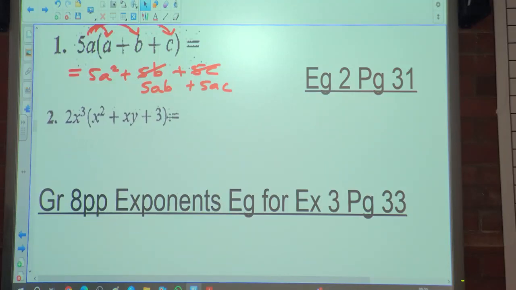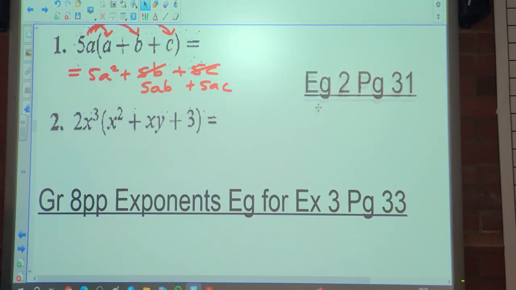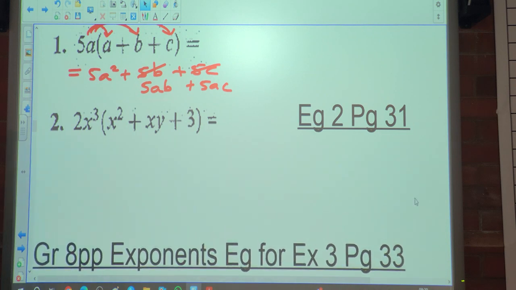Here's the next one, number 2. We've got 2x cubed into (x squared plus xy plus 3).